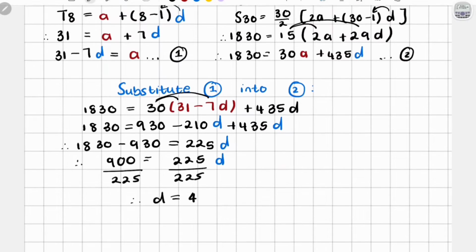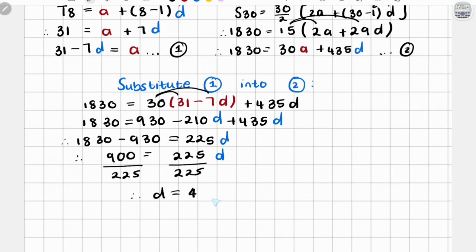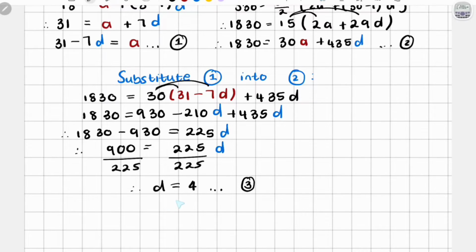Okay, so now that I got D is equal to 4, what I can do here is call this equation number 3, since I have 1 and 2. Now, in order to solve for A, I need to substitute equation 3 into the equation where A is nicely the subject. So substitute equation 3 into equation 1.